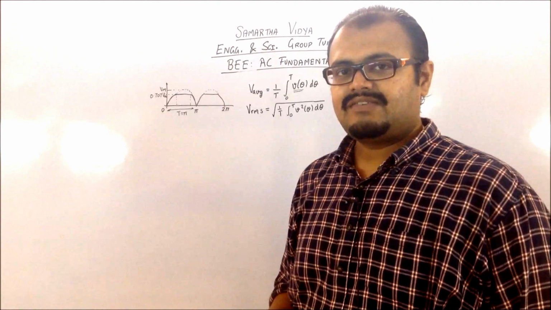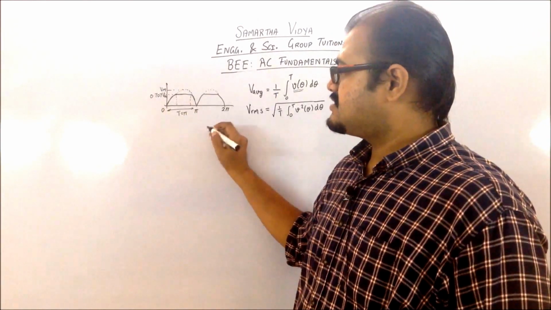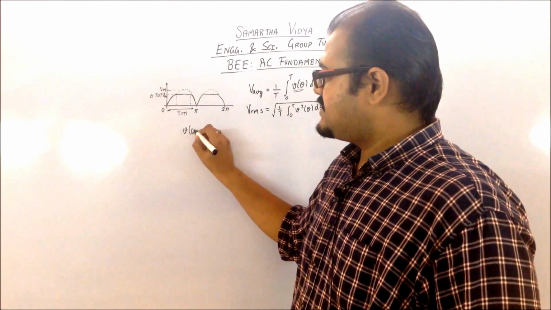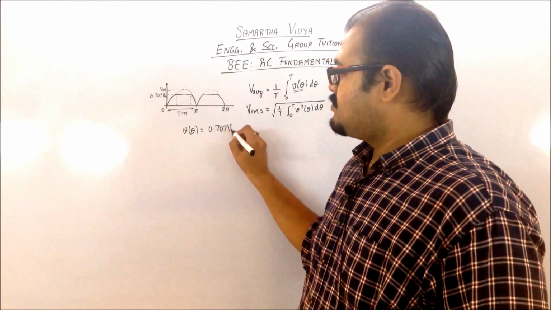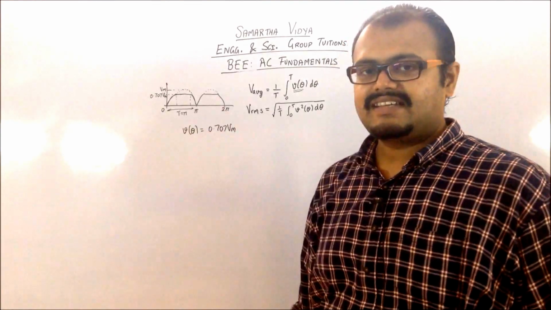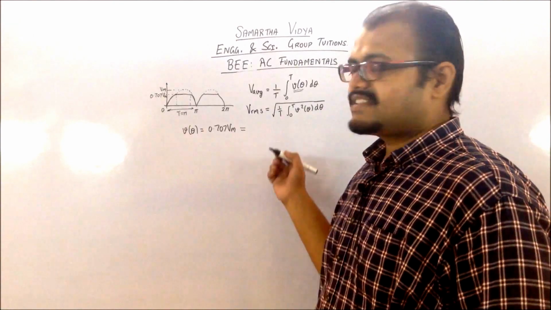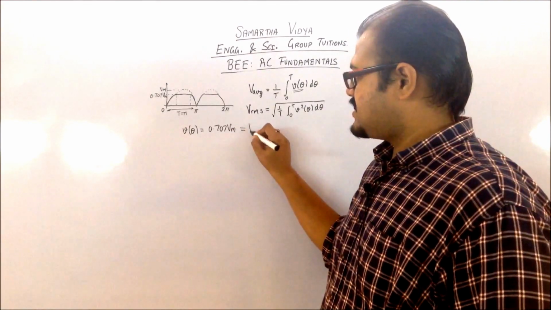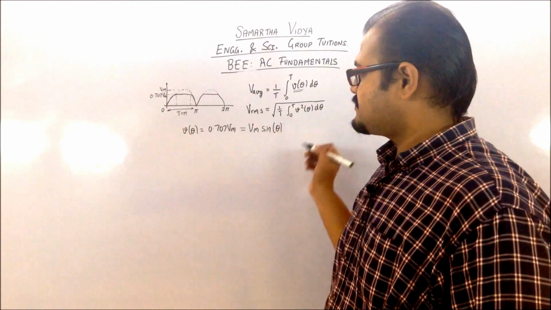To find that, you just need to equate this equation, that is your V theta is given as 0.707 Vm, and since it is nothing but your sine waveform, you will be equating this to your standard waveform equation, that is Vm sine theta.